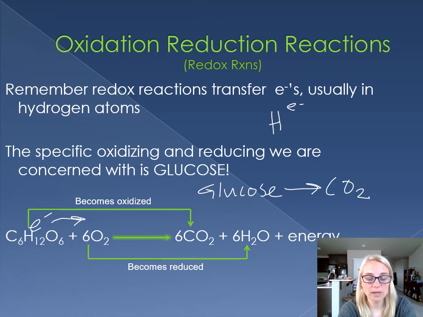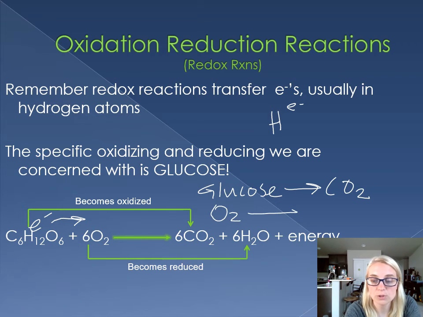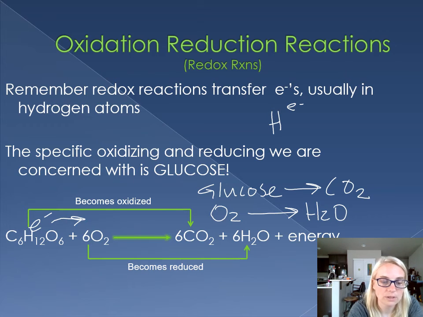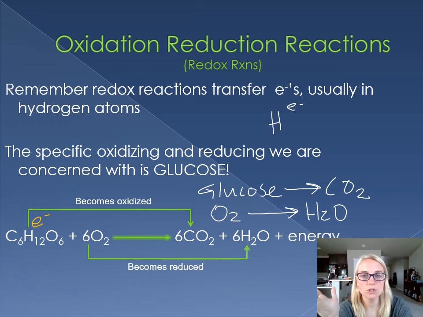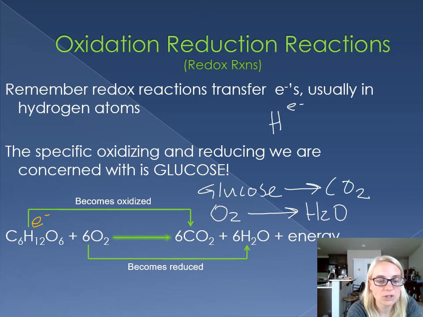We're stripping electrons away from glucose. And who are they going to? They are going to be going to oxygen. So oxygen is going to be reduced into water, right? So the electrons that are hanging out in this large organic molecule actually go to oxygen with hydrogen, right?